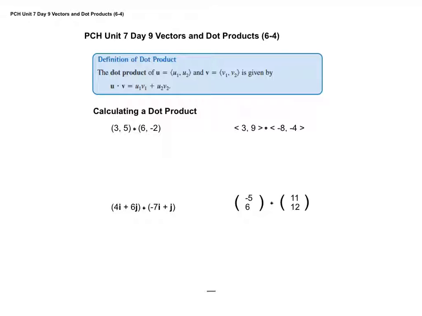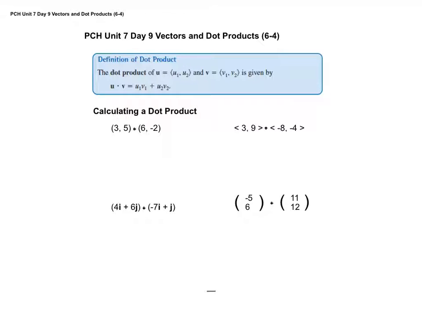You're multiplying those first components together, and then the second components. So multiply the horizontal components together, multiply the vertical components together, and then add those two products together.